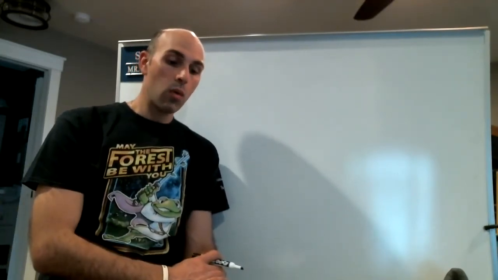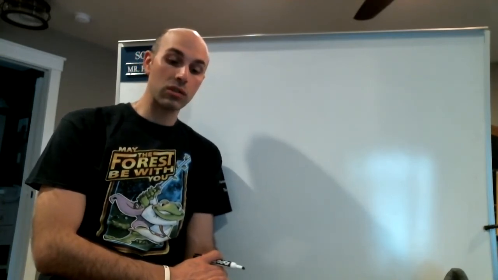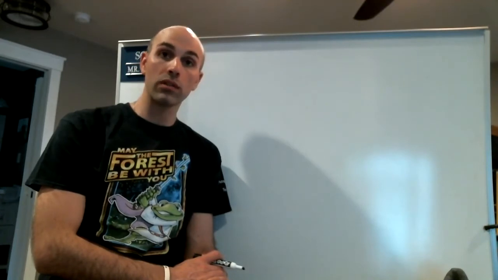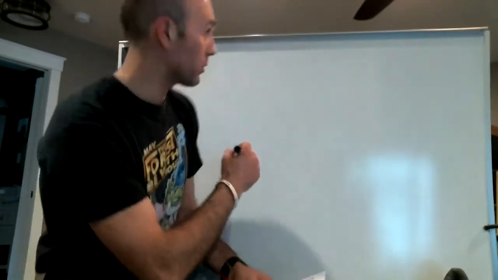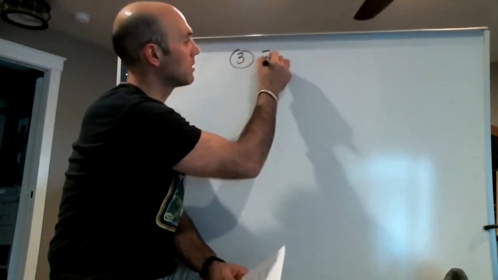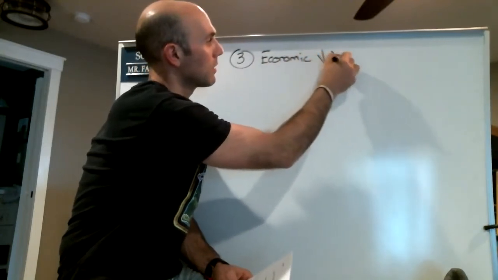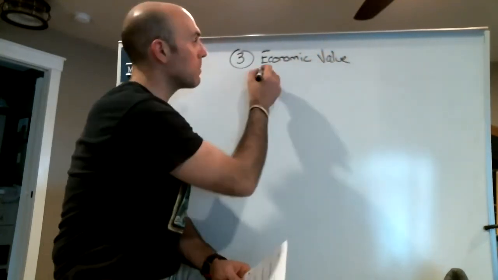Three, what is the difference between economic value and ecological value with regard to a forest? So, okay, let's go to the big board for this one. So three. So economic. Economic, we mean money.